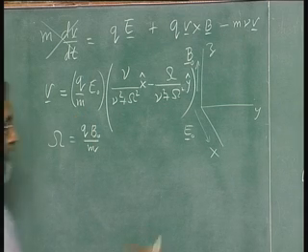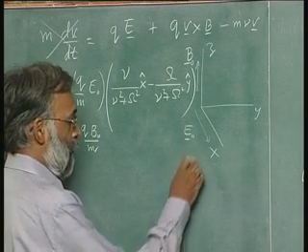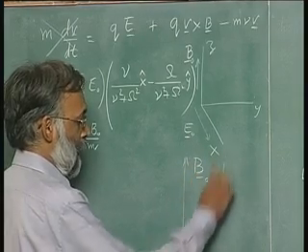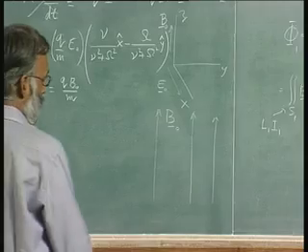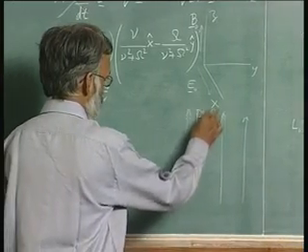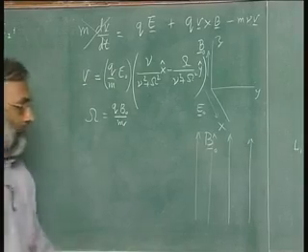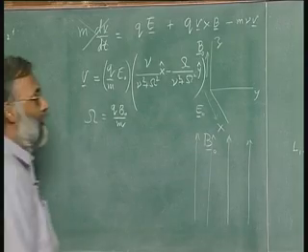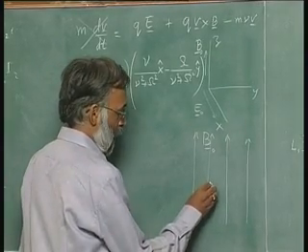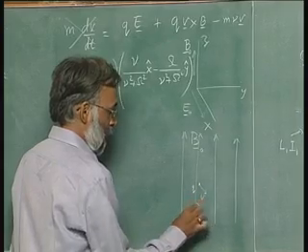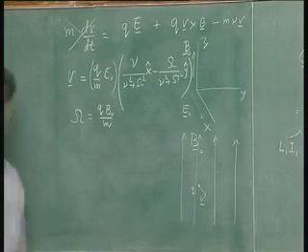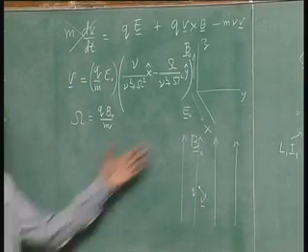Now if you look at a uniform magnetic field whose strength is B naught, and let us assume that I have a charge q with some velocity v, and let us assume v is in the x and y direction, B is in the z direction.